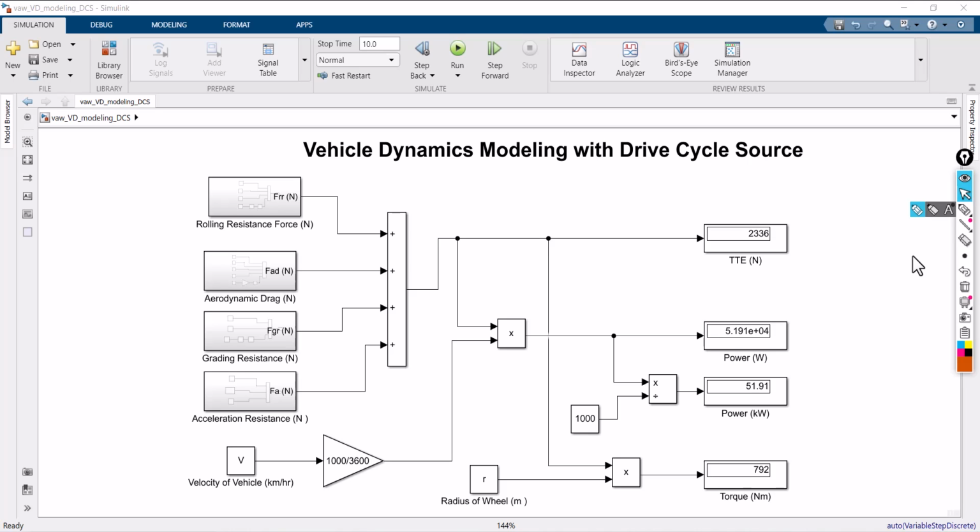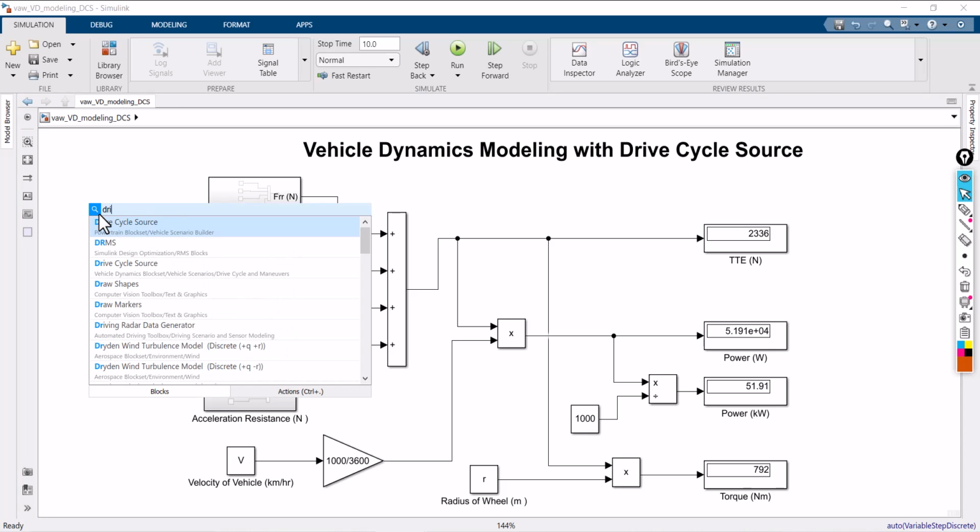That's why we are using drive cycle source. Drive cycle source will give you the velocity profile of a vehicle under various road conditions. Each and every country has its own drive cycle source. This is a very important concept. Now I'm going to use one kind which is available in Matlab.